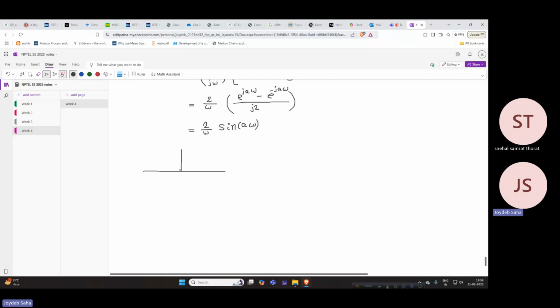So we got, if this is our time domain signal, from minus a to plus a with amplitude 1, xt, its Fourier transform is 2 upon omega sine a omega.